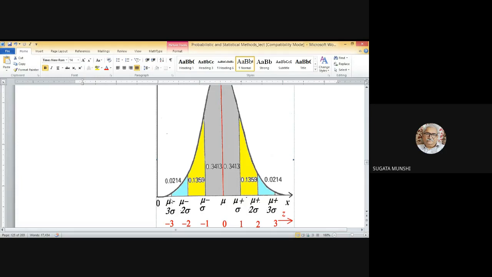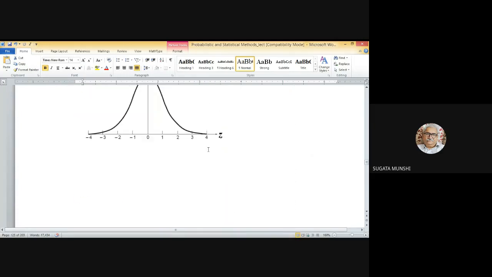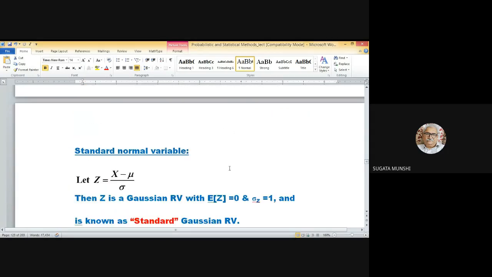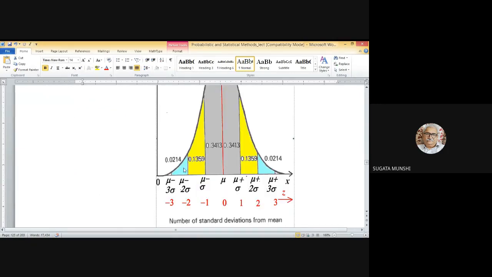Now, probability of X lying in the range mu minus 3 sigma to mu plus 3 sigma, what is that? It is all this area marked in green, yellow and gray, and that value is 0.9973. So you can easily understand how we get these particular values of the different areas.